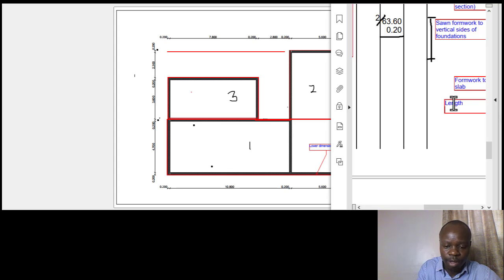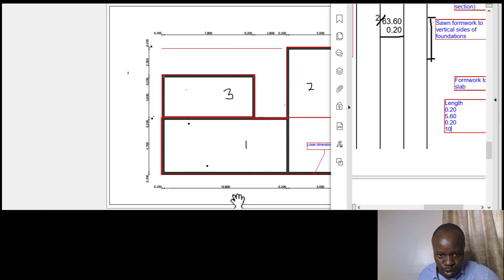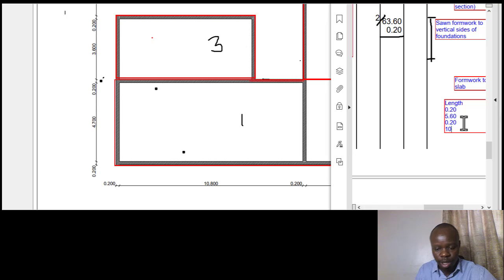So the length will start at 0.20. Then we go to 5.60. We go to 0.20, and then 10.80, and then 0.20. So that is the length for this part.